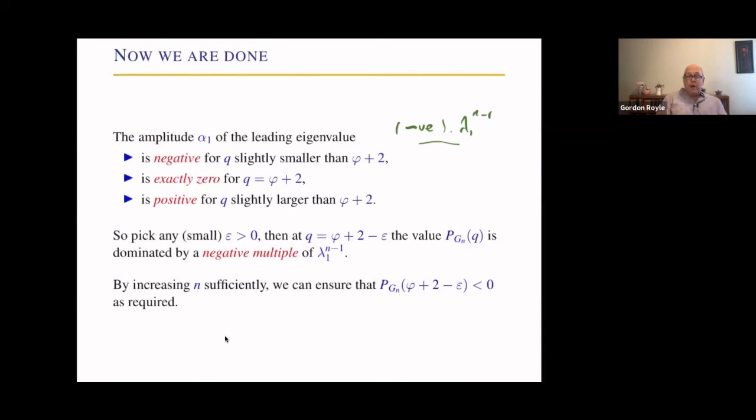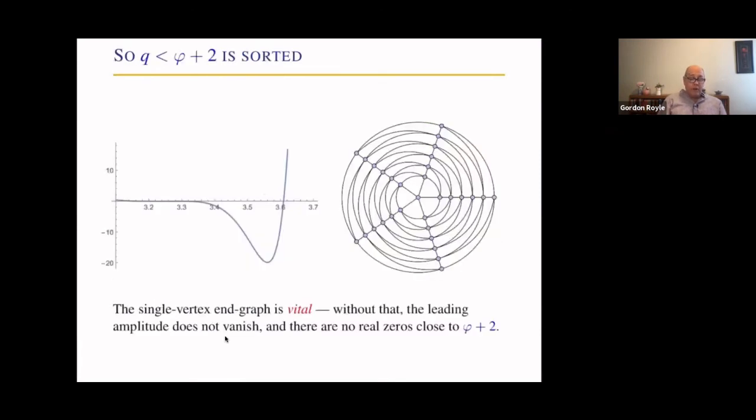So that means we can definitely find negative intervals for this particular planar graph as close as we want to 5 plus 2 on the left-hand side. And that's what one of the chromatic polynomials looks like.